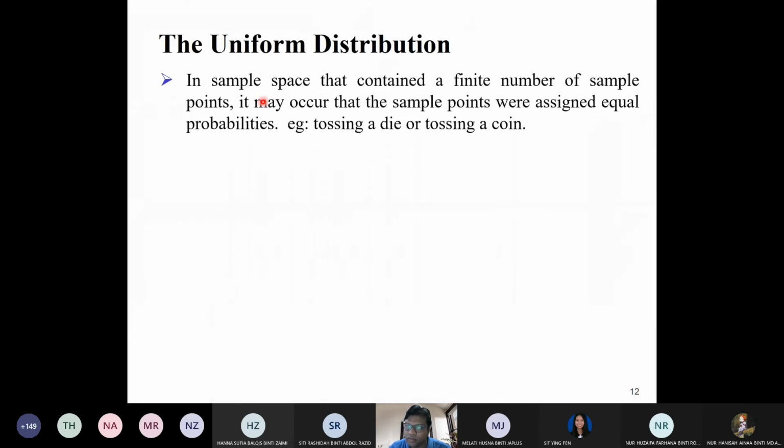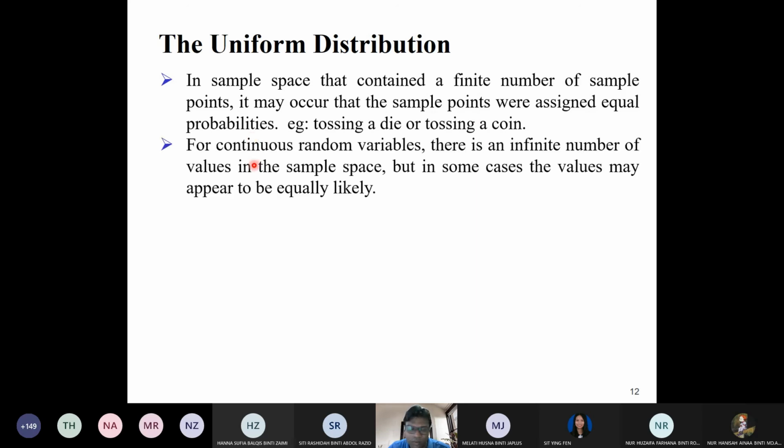For the uniform distribution, in a sample space that contains a finite number of different samples, each segment may occur, and the sample points are assigned equal probabilities. We will discuss some examples so you know it better.